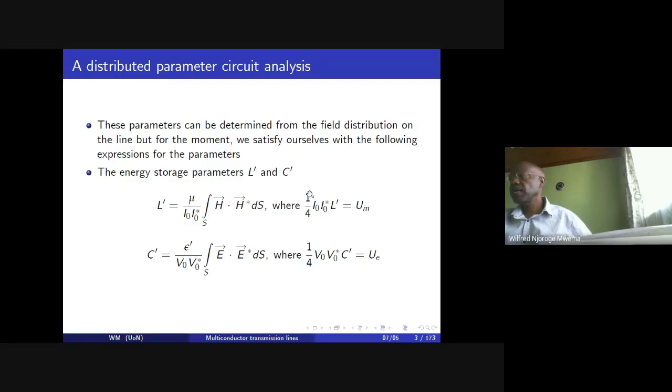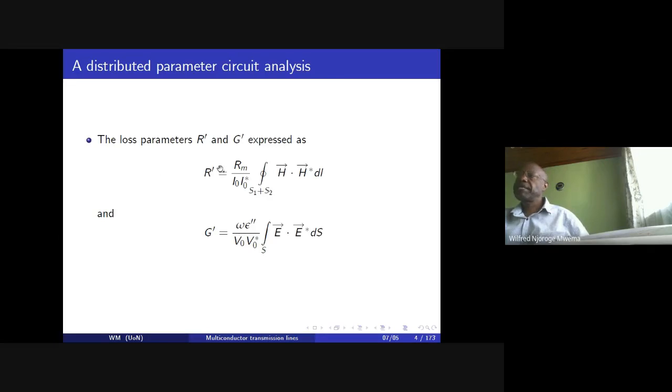That's why we are using a quarter of I naught star L prime equal to the energy Um in the magnetic field, and similarly for the energy stored in the electric field in terms of the capacitance and the voltage amplitudes.